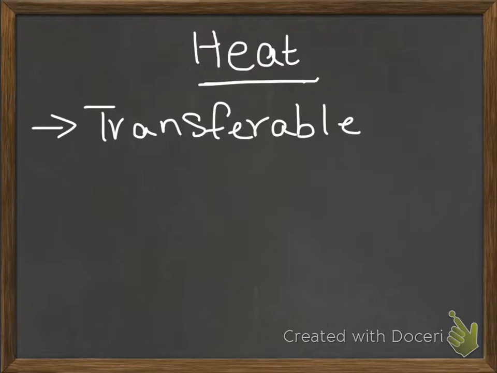Now see, this one boy is very hot, and there's one boy who has a normal temperature. When the hot boy touches the other boy who has a normal temperature, what happens?